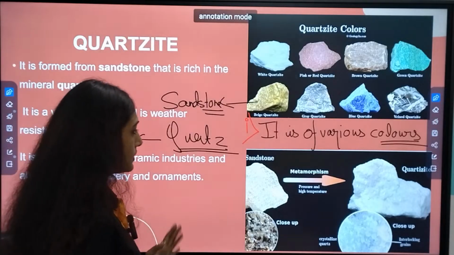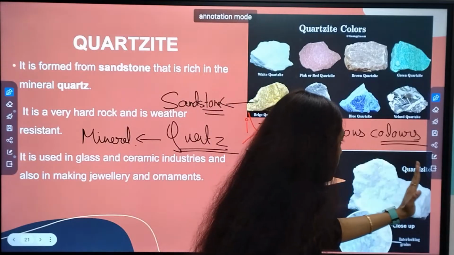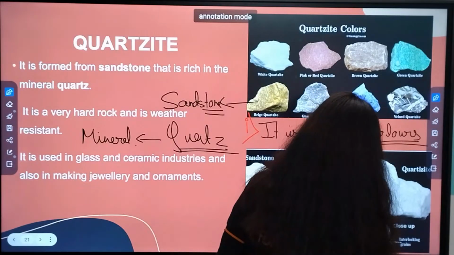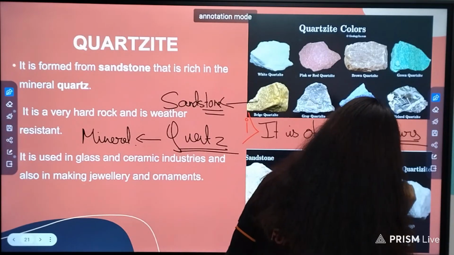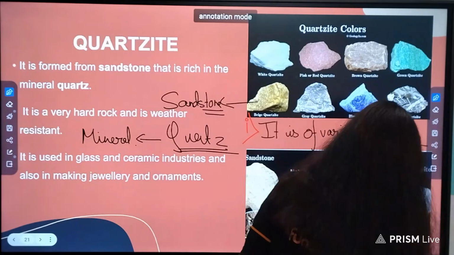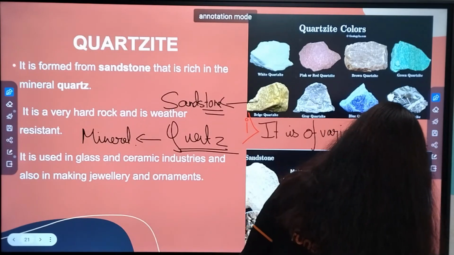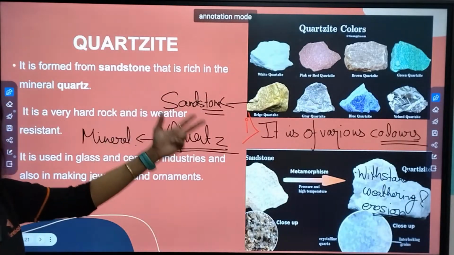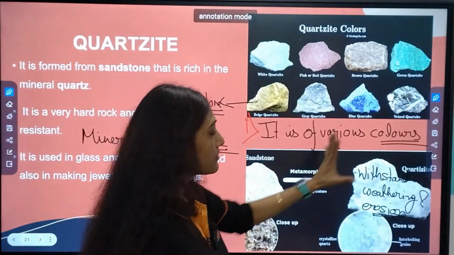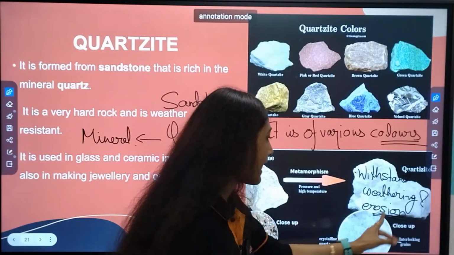Now since under high temperature and pressure it has been changed into quartzite, this can withstand weathering and erosion. You know, sedimentary rock sandstone is a very soft stone, but after metamorphosis, what happens? It becomes very hard. So when it becomes very hard, it can withstand weathering and erosion.